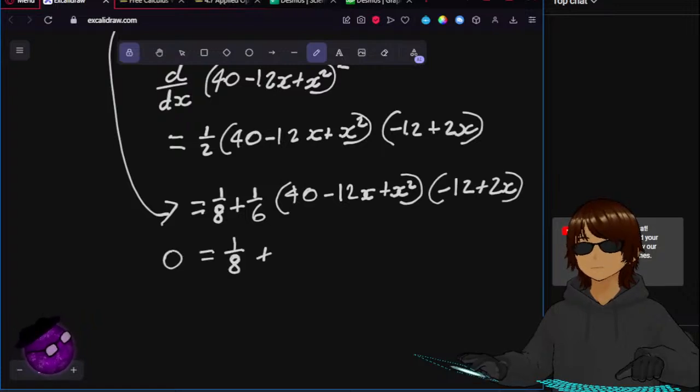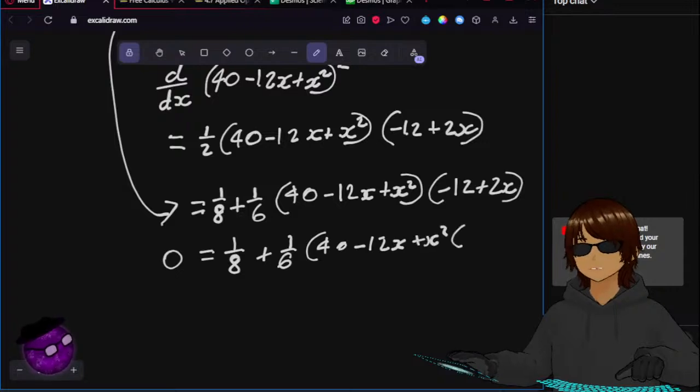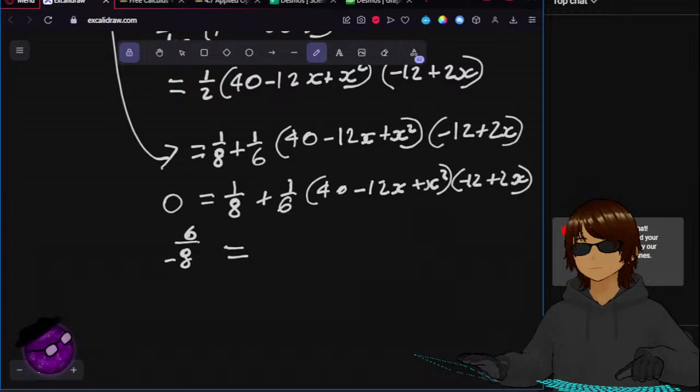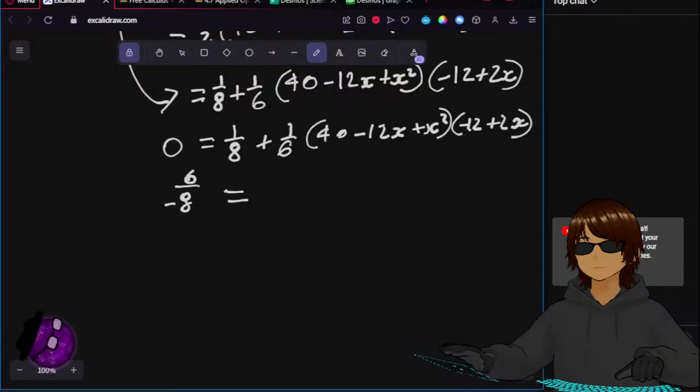Zero. Yeah, I'm not in the mood of going through to the end. I think I just need to know I'm heading in the right path. Okay, maybe I will go through the end. Is this correct? Let me see.